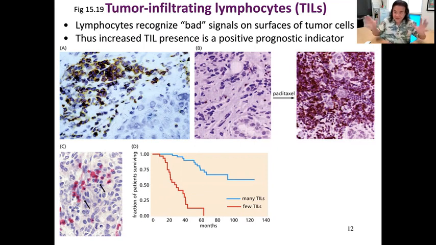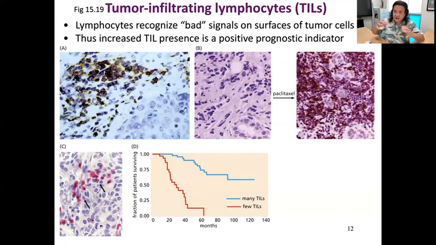But not all hope is lost. There are other immune cells, right, that can come to the rescue and also actually help fight the tumor cells. So tumor infiltrating lymphocytes, or TILs, recognize bad signals, antigenic signals on the surfaces of tumor cells, and they try to destroy the tumor cells by telling them to undergo apoptosis.